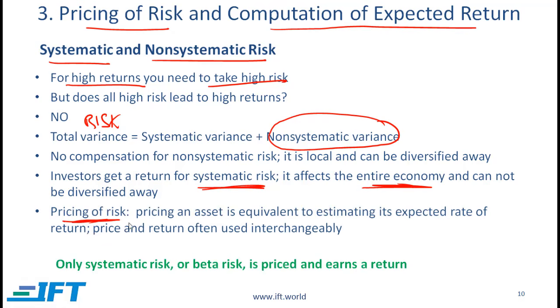Pricing of risk. Pricing an asset is equivalent to establishing its expected rate of return. Therefore, price and return are often used interchangeably. If you recall, earlier in FRA, we talked about fixed income securities or bonds.